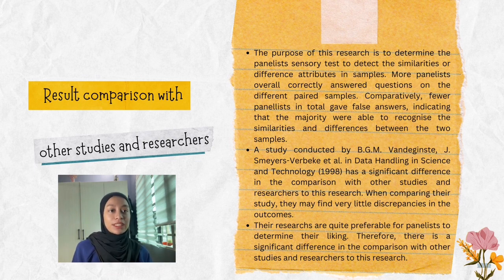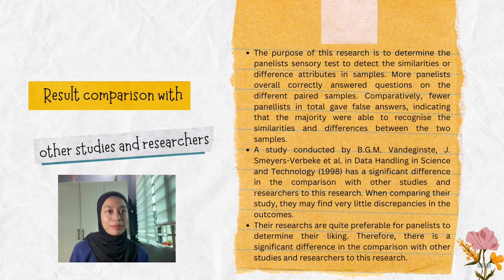The purpose of this research is to determine the panelists' sensory ability to detect similarities or differences in attributes in samples. More panelists overall correctly answered the question on the different paired samples. Comparatively, fewer panelists in total gave a false answer, indicating that the majority were able to recognize the similarities and differences between two samples.